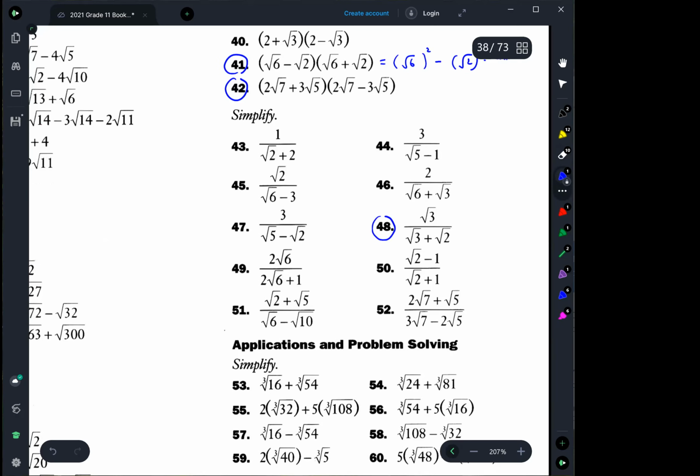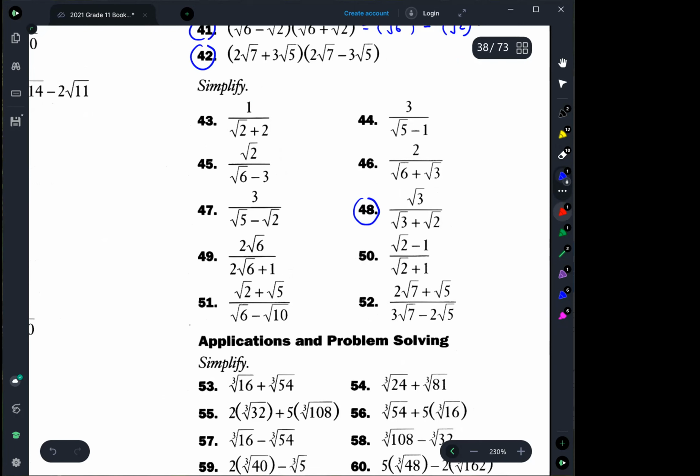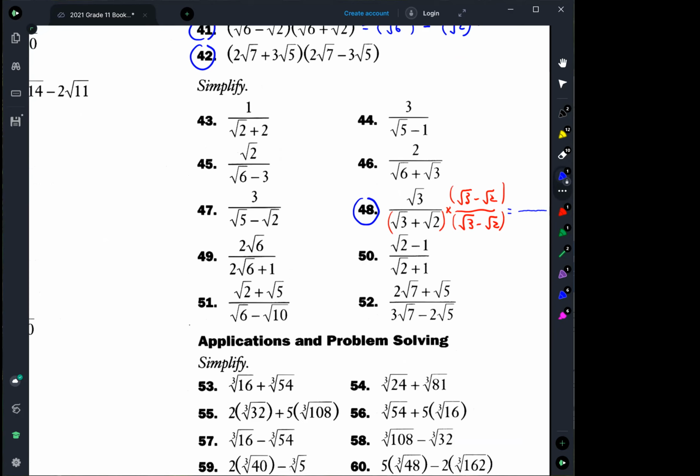So this one you need to rationalize, right? So what do you need to multiply with? What's the conjugate? I think it's √3 minus √2. Yeah, very good. So top and bottom. The bottom, because it's going to be squared, will be 3 minus 2.